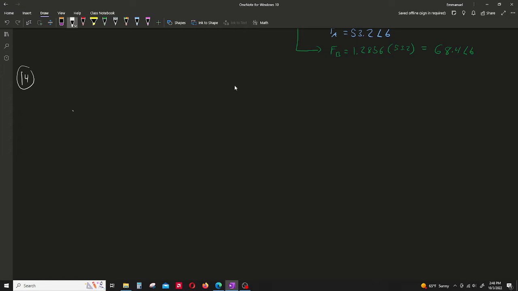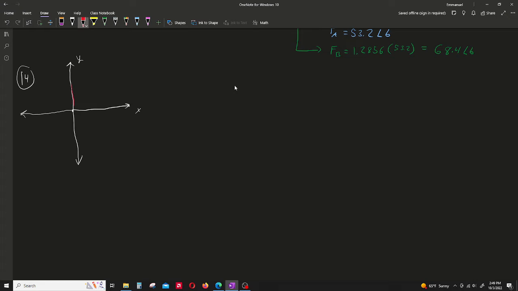So I have number 14. Looks like this. I'm just trying to see the best way to draw this. This is in the Y direction, this is in the X direction. Get my forces here.